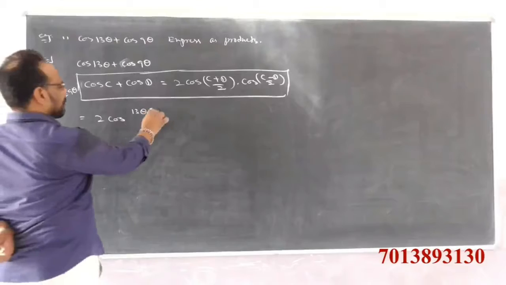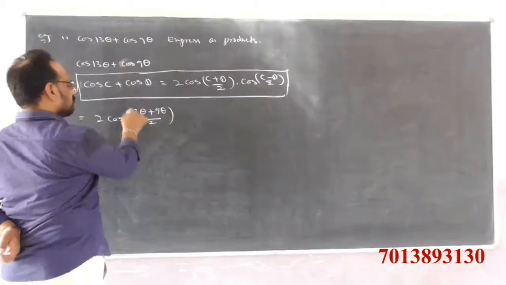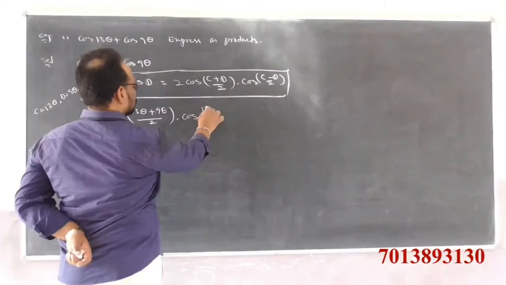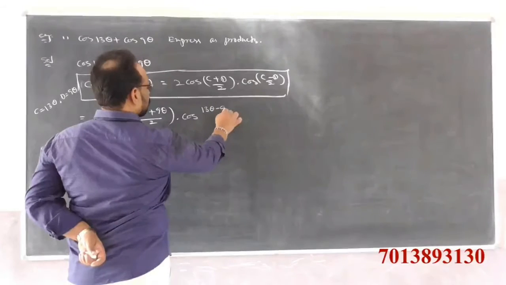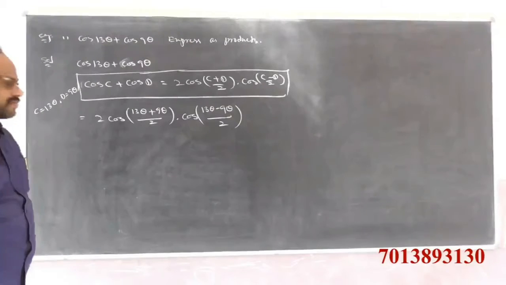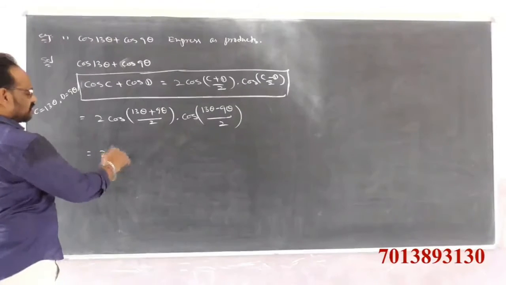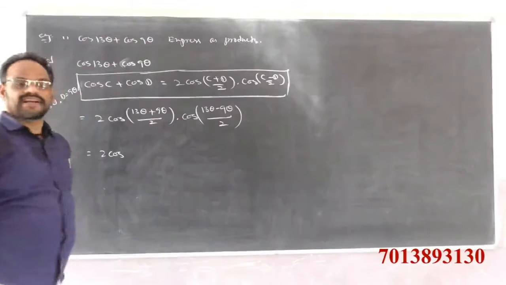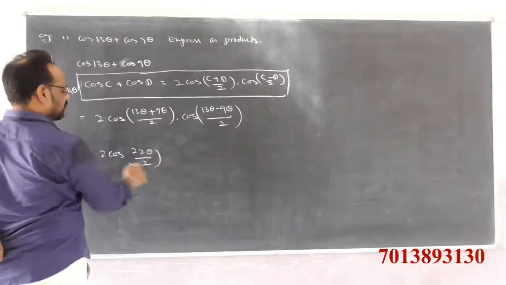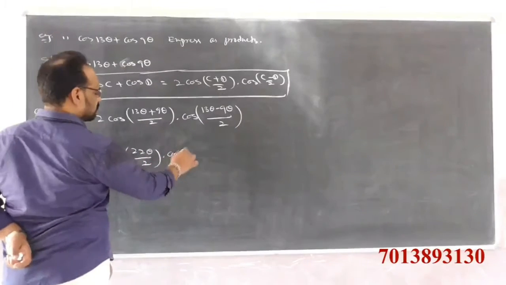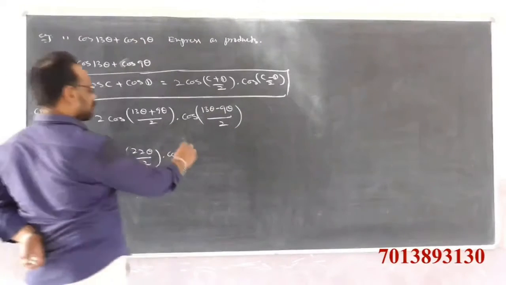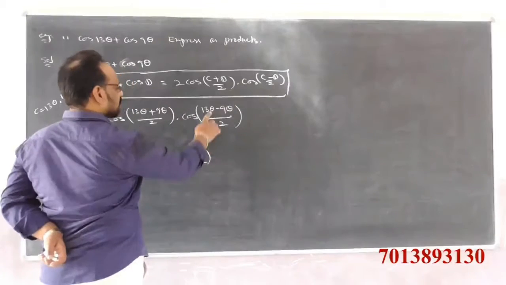So 2 cos of (13 theta plus 9 theta) by 2 into cos of (13 theta minus 9 theta) by 2. 13 plus 9 is 22, so 22 theta by 2, into cos of 13 minus 9, which is 4 theta, by 2.